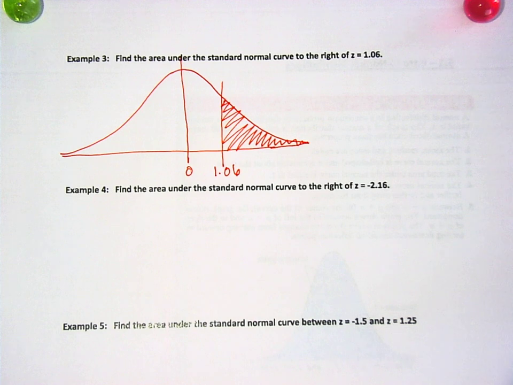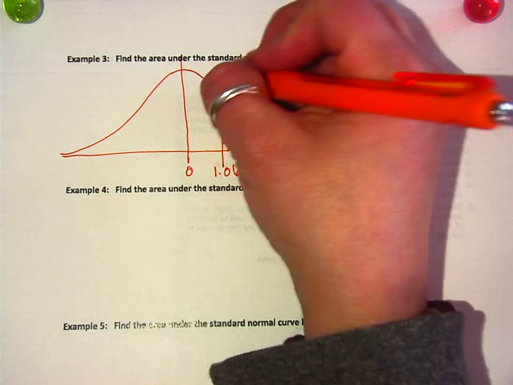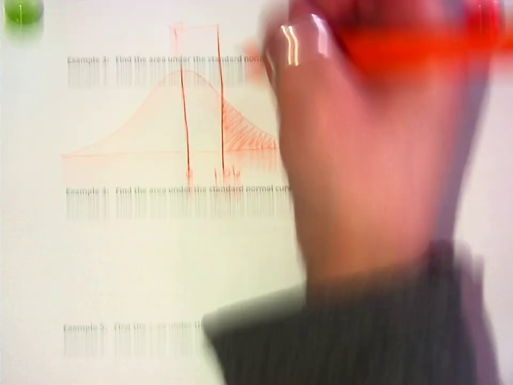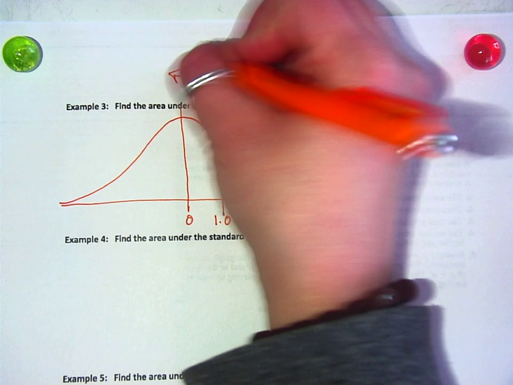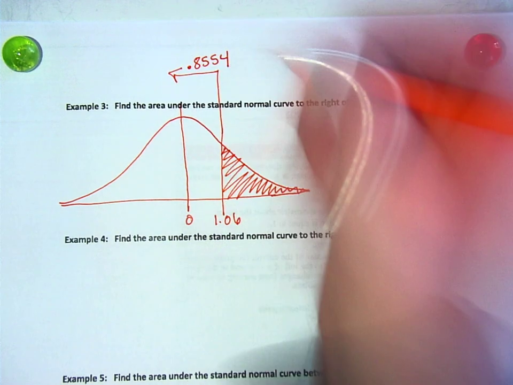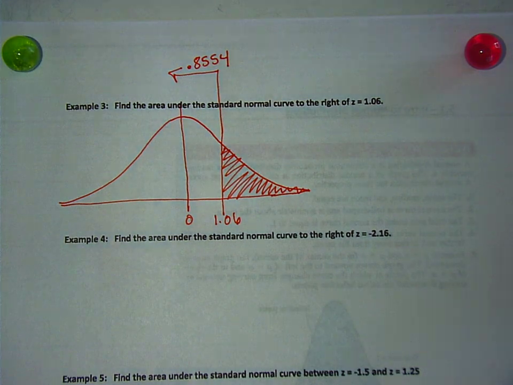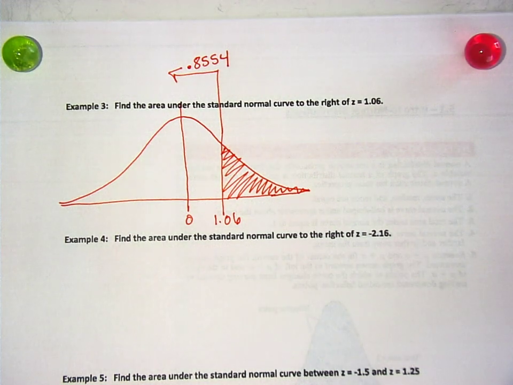I got 0.8554. So here's what I'm going to do. I'm going to draw an arrow going this way and say that 0.8554, that way is 85.54%. And to find the opposite, subtract from 1. 1 minus 0.8554.